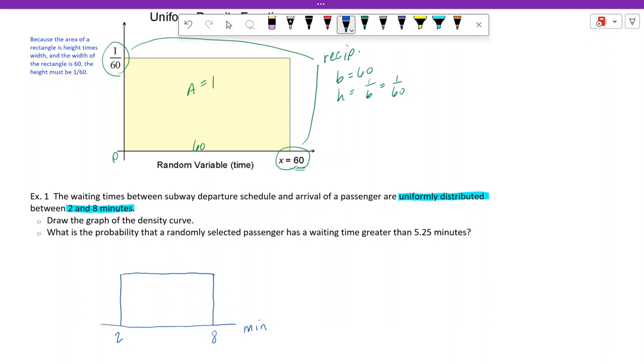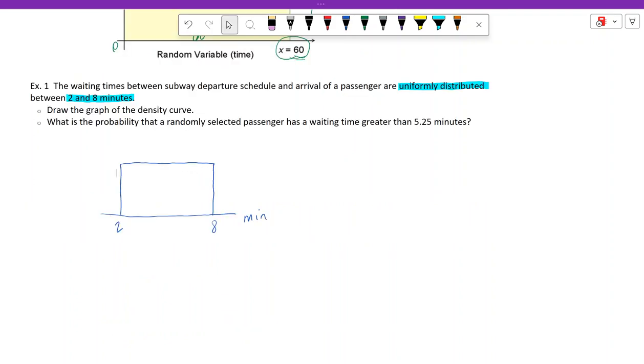What I need to do next is determine the size of this base. So to determine the length of my base, I'm going to look at these two numbers here, and take 8 minus 2, which is equal to 6. So the base of my rectangle I've just drawn has a measurement of 6 units.